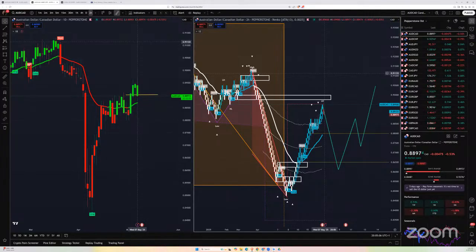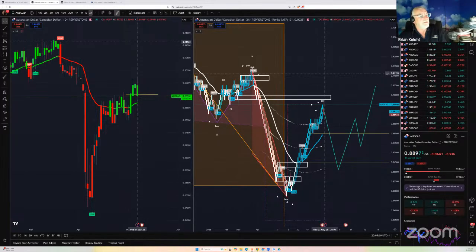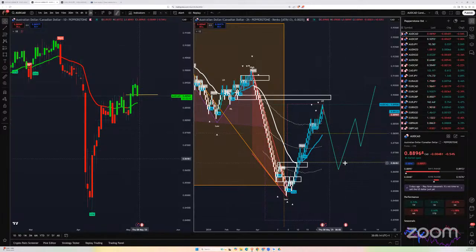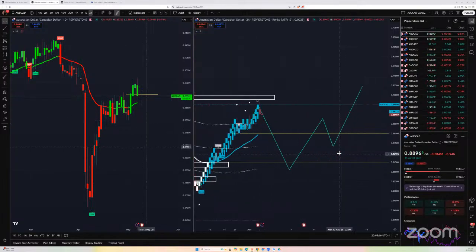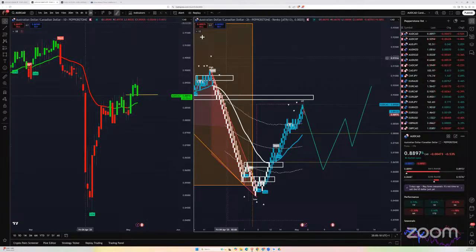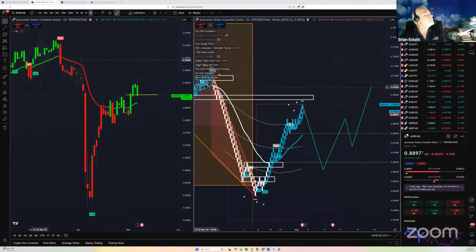Did you put those equal highs on? Yes. You can see the lines there. I made mine thick so they stood out so I could see them. Equal highs and lows, isn't it? I think so.